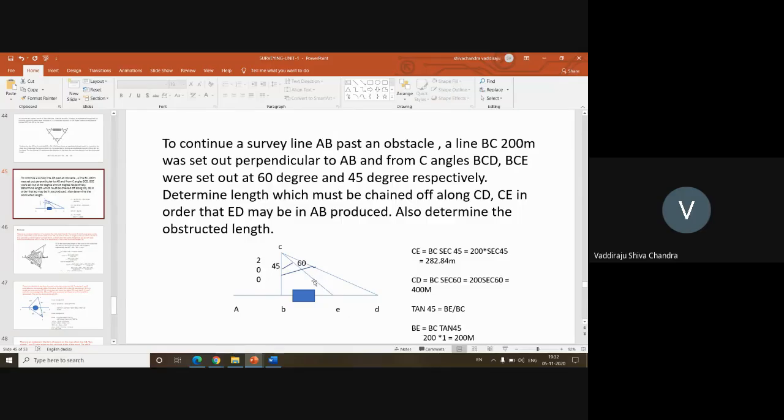He's asking you to determine what this length and this length are, such that the points E and D are in the line AB extended.